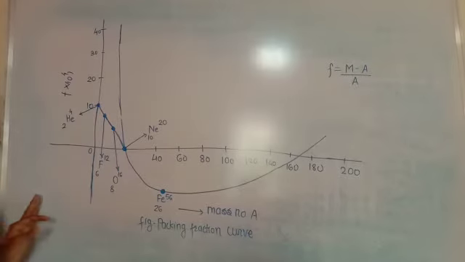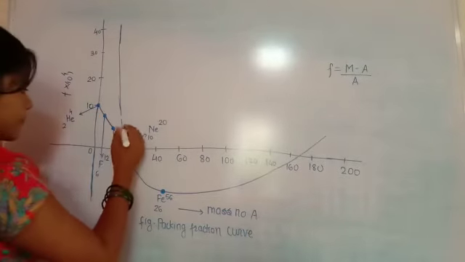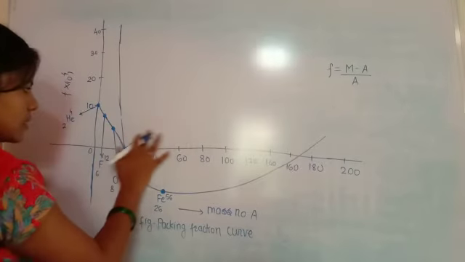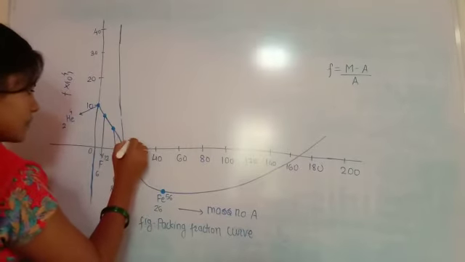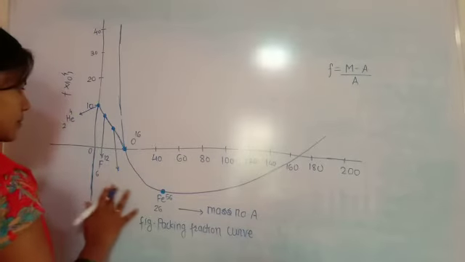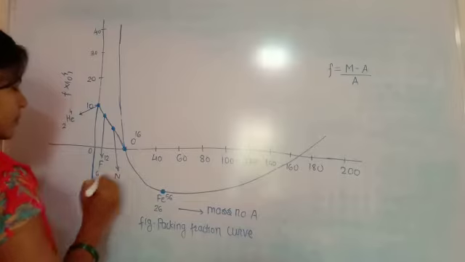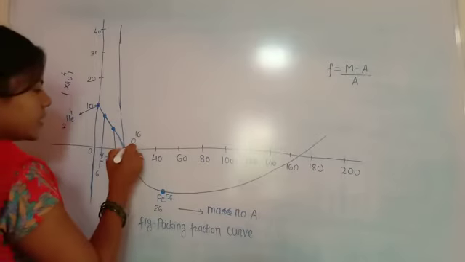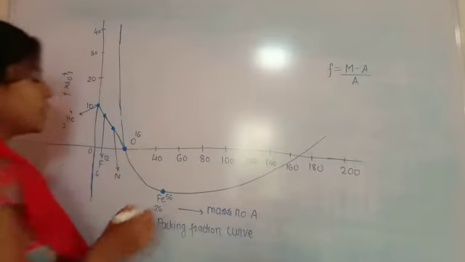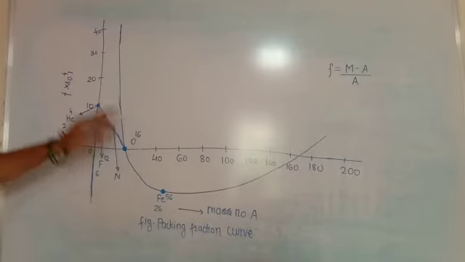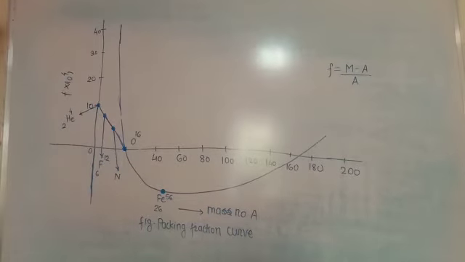Next, atomic number 16 is oxygen 16, and this is the neon. As the mass number A increases further, we observe that the value of F goes on decreasing and becomes negative.